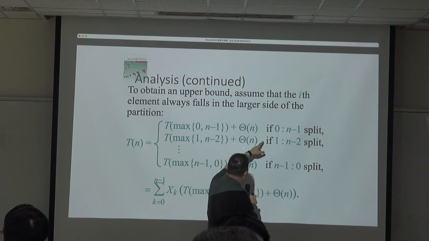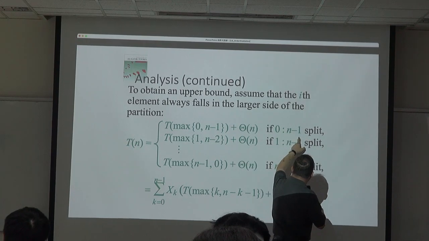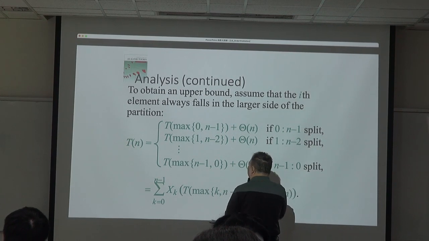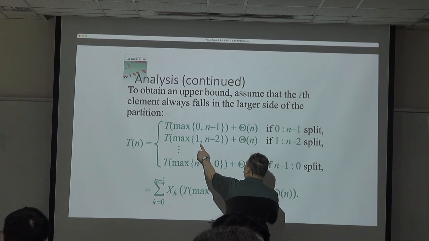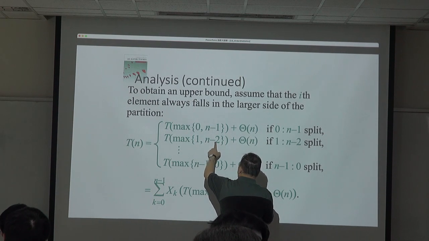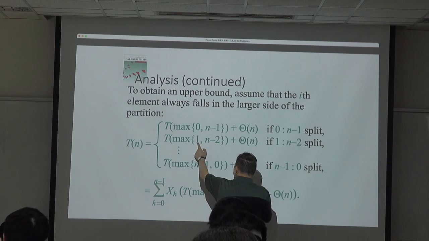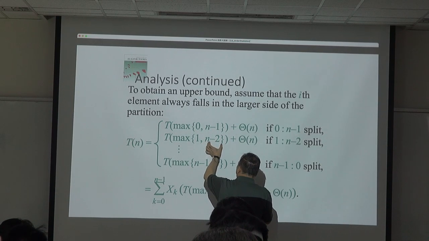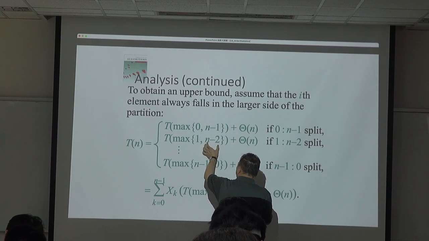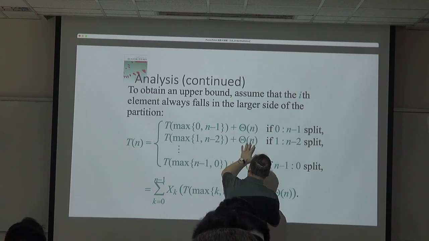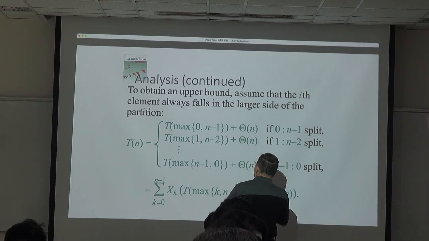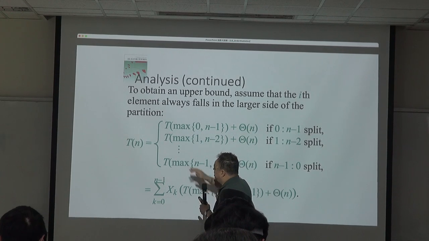This is the 0, n minus 1 split. The second one is where we split into 1 and n minus 2, and again the number is unfortunately in the larger group. This linear time is always there, and so on.